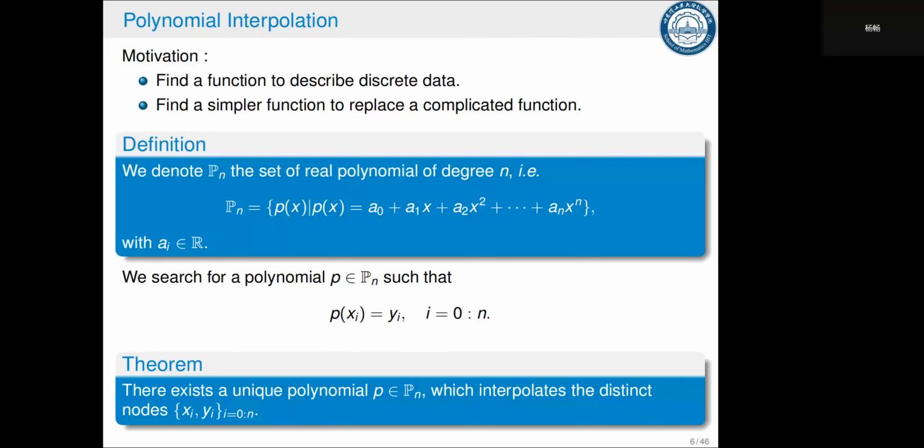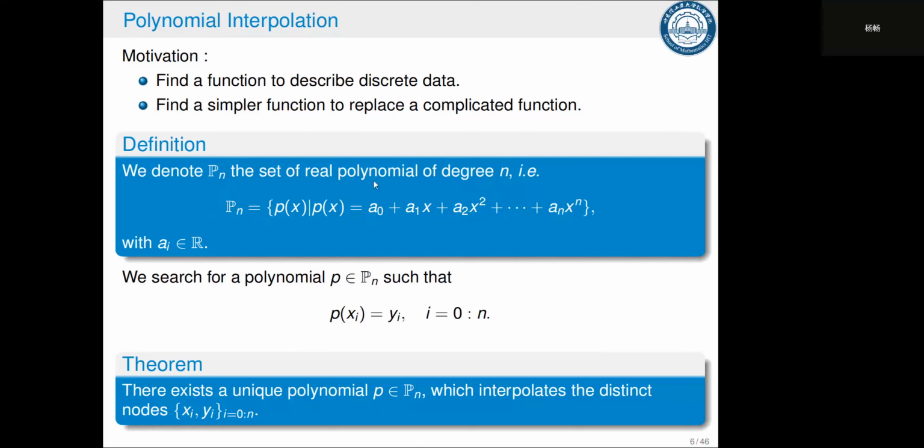Now let's see how to define a polynomial of degree n. It is right here. If a function p belongs to the set of real polynomials of degree n, then it can be written as a0 plus a1x plus a2x squared until an times x to the power n.